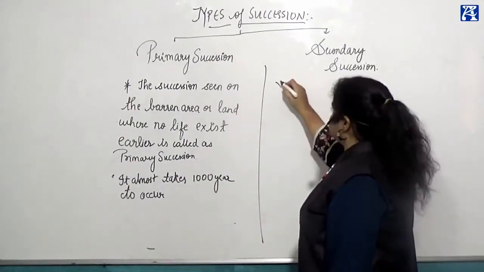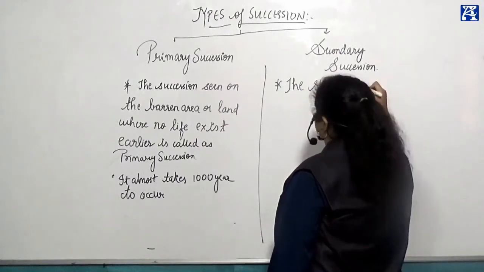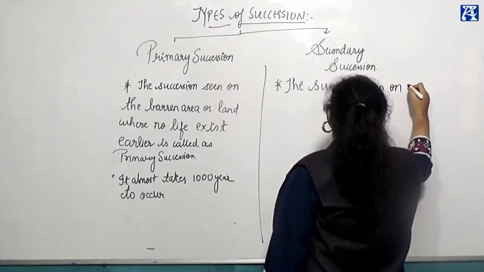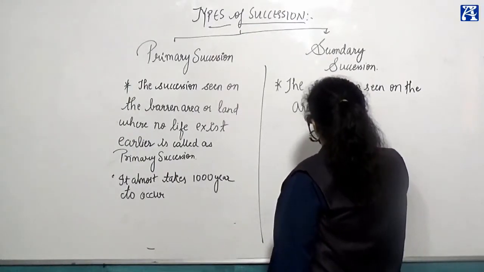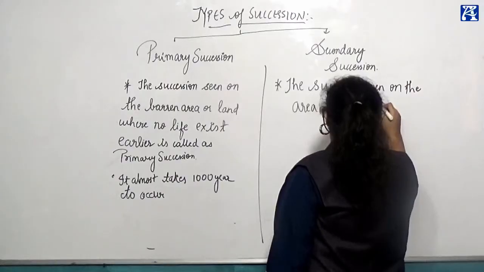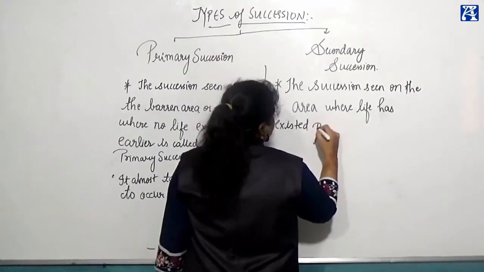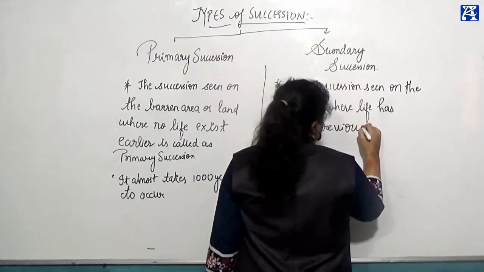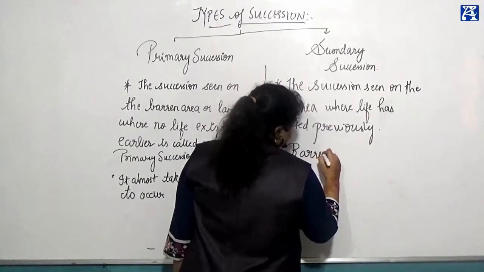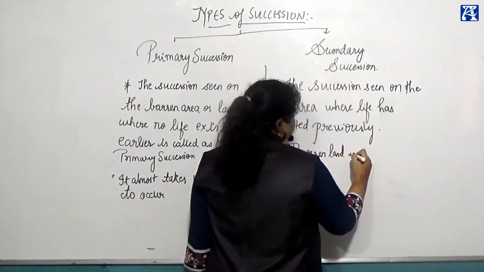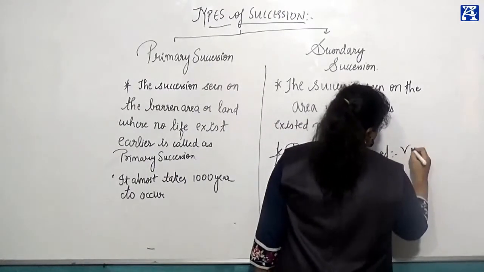Now comes secondary succession. Secondary succession is the succession seen on the area where life has existed previously. Barren land is caused by what?